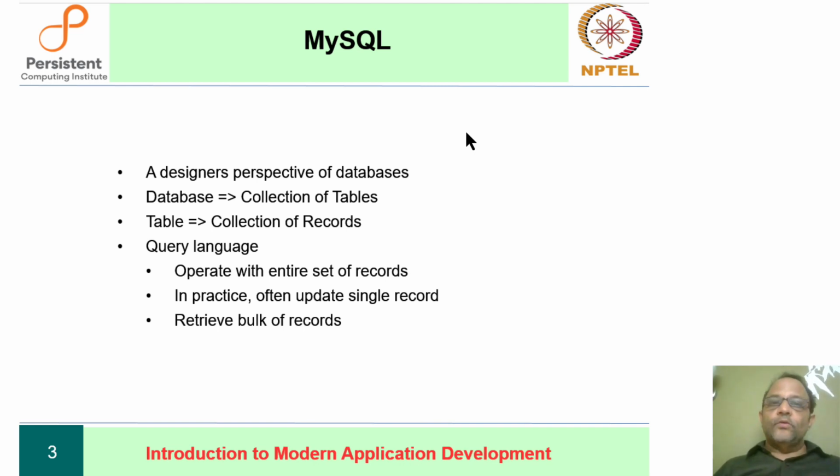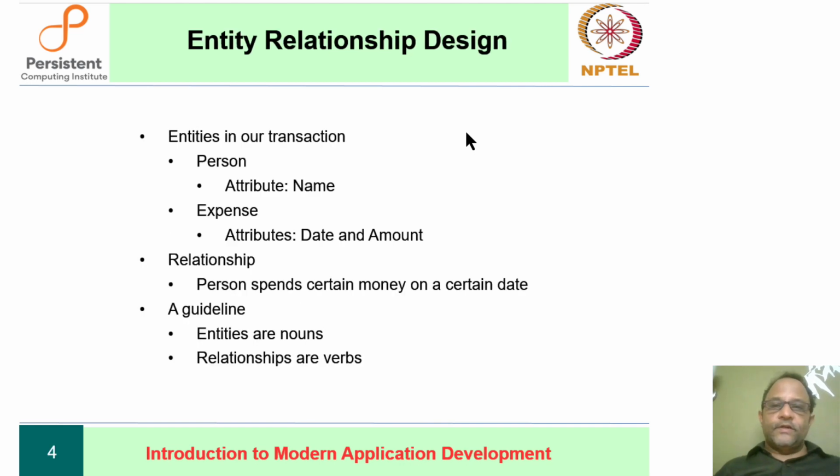There are some ideas behind how to design these tables and records that we will see. It's called Entity-Relationship Design. So the observation here is that many information processing problems can be thought of as made of two kinds of things: entities, which roughly correspond to nouns, and relationships, which correspond to verbs in ordinary English.